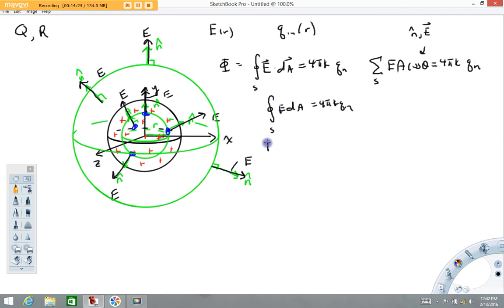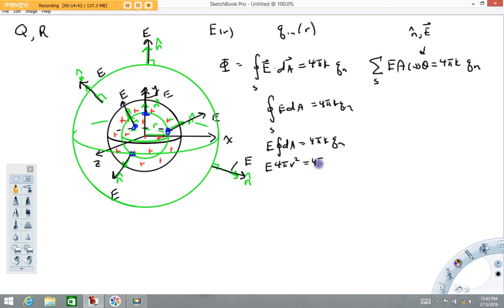And then what we have is the electric field times the integral of dA equals 4 pi k times charge inside the surface. And integral dA is just A, the area of the Gaussian surface, 4 pi r squared.